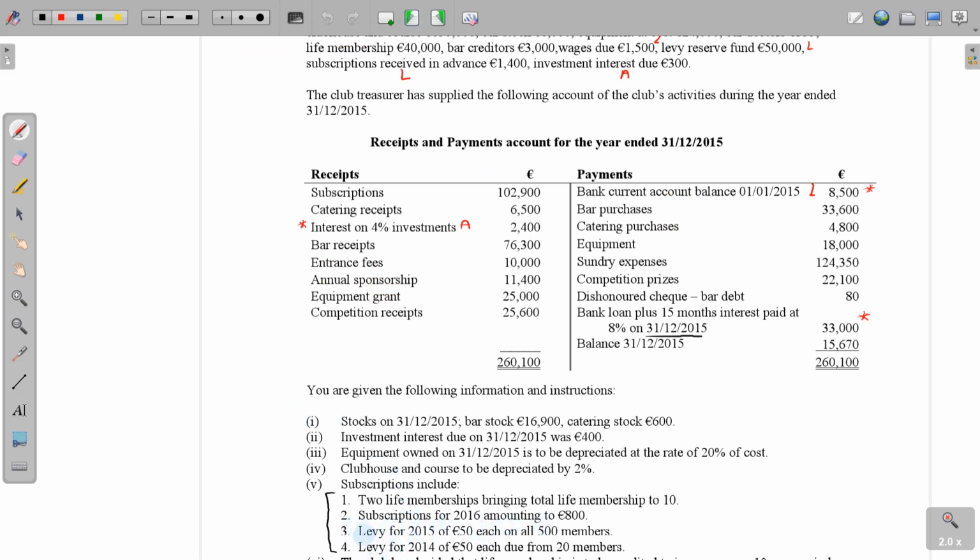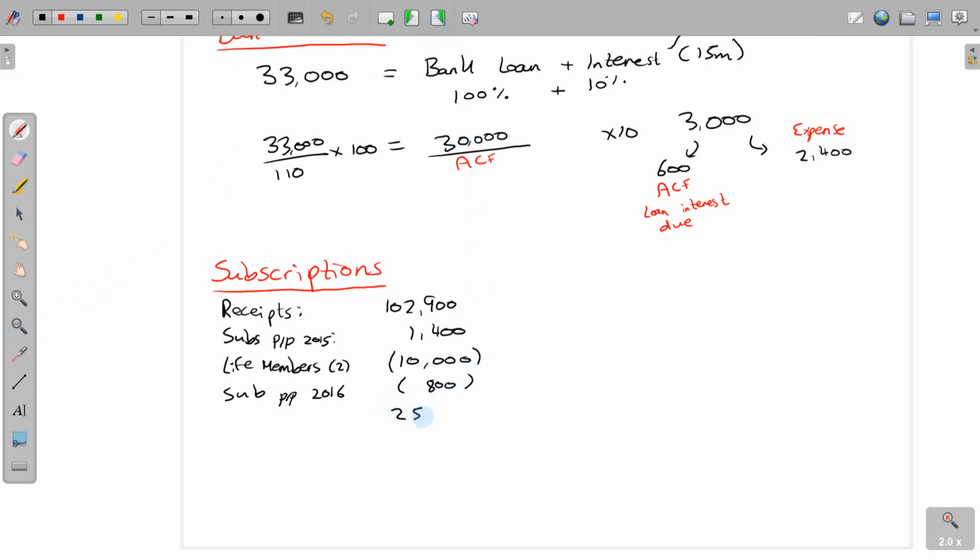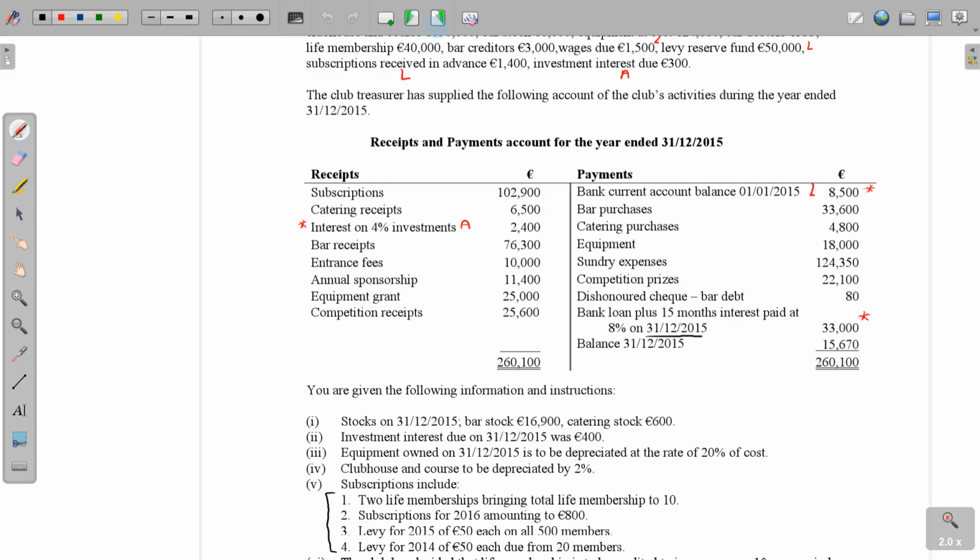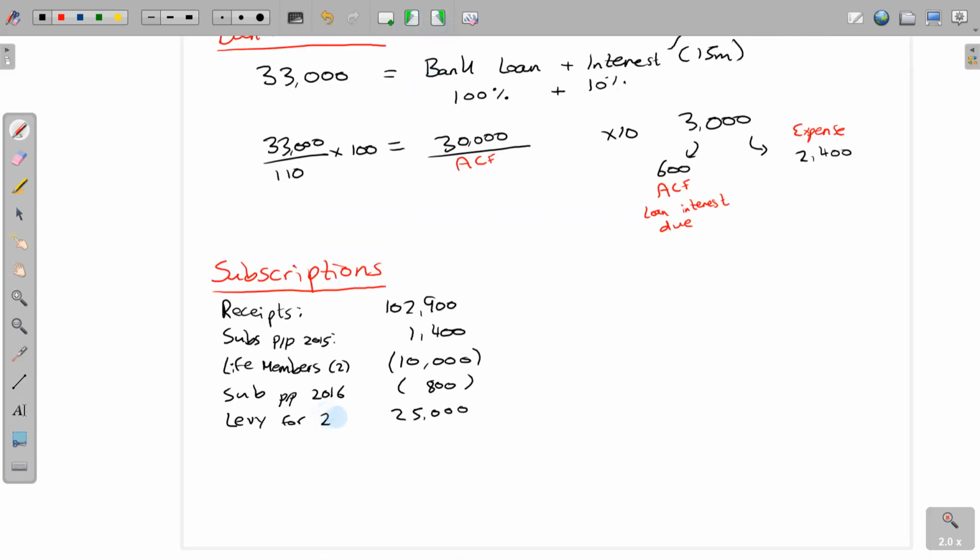Now, the other 2 easy ones: the levy for 2015 is €50 each on all. So we have 500 members this year at €50. So 50 by 500 is 25,000. Now, levy for 2015, we're going to take that away because we know, again, levies are liabilities.